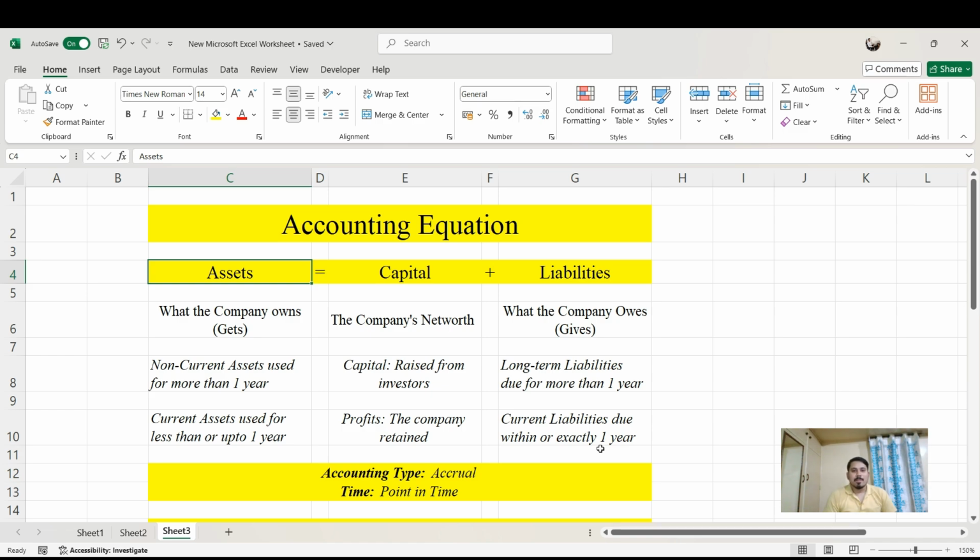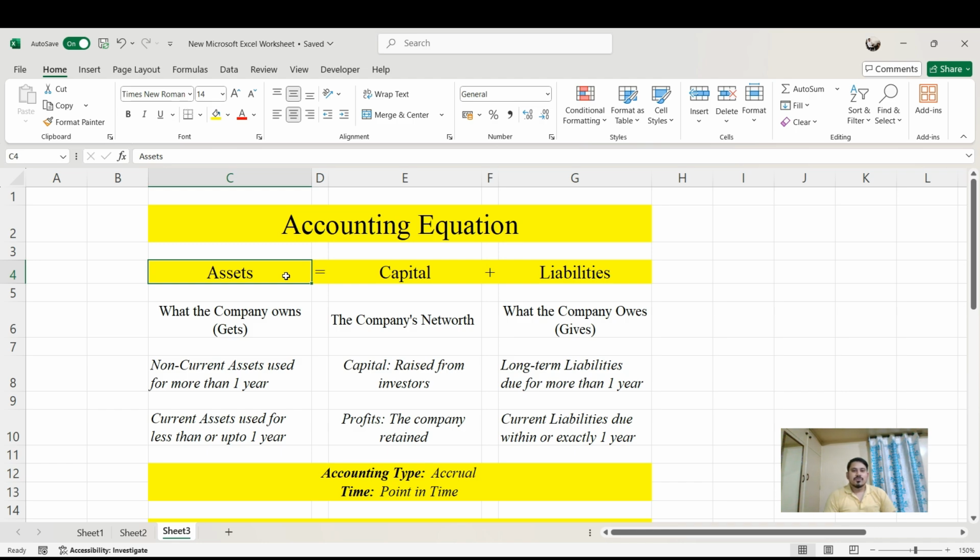So let's begin. The mathematical representation of the accounting equation is: assets equals capital plus liability. What are assets? Assets are what the company owns in the business. They can be classified into non-current assets and current assets.